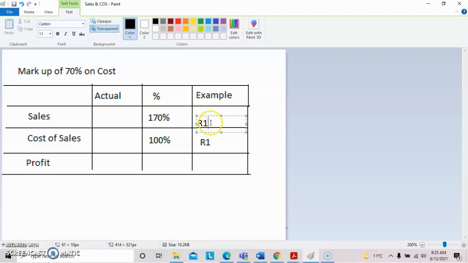Okay, so you said R1 times 70%, and I'm pretty sure you got 70 cents, right? Yeah, in terms of representation of monetary, it's going to be 0.70, so it's 70 cents. So if you add these together, you should be able to get R1.70.